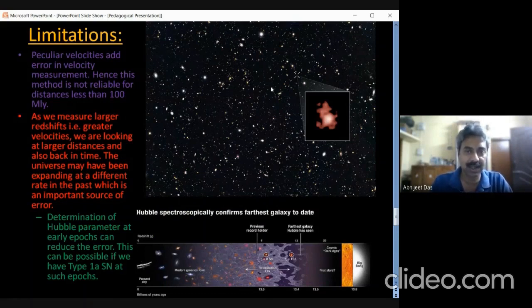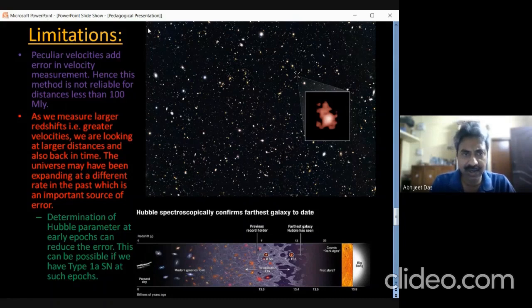Of course, this error can be reduced if we can find out H naught for that epoch by some other means. And one such means is if we can detect type 1a supernova along with that. So from the observation of type 1a supernova, the value of H naught can be obtained, and hence the distance can be obtained. So that is how this method is used.